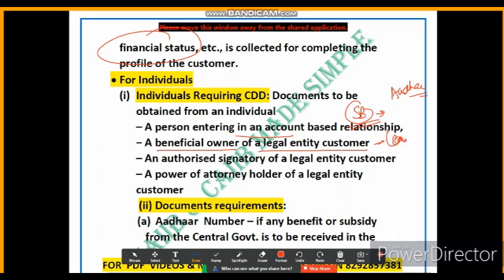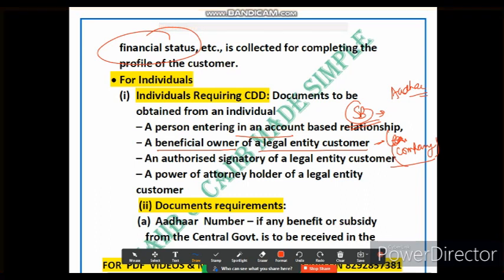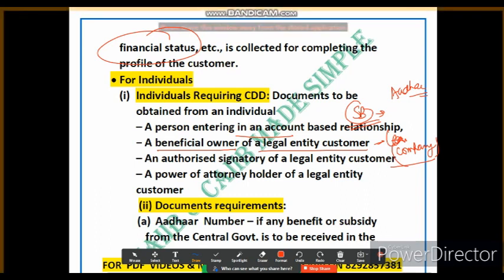A company is a legal entity customer. So suppose that person is a beneficial owner of a legal entity customer, the bank will request documents that establish the individual's ownership and control over the entity.